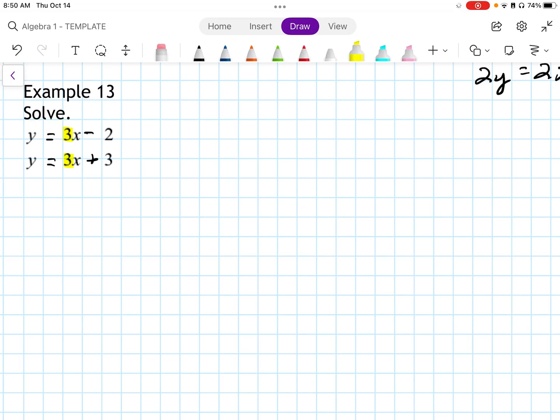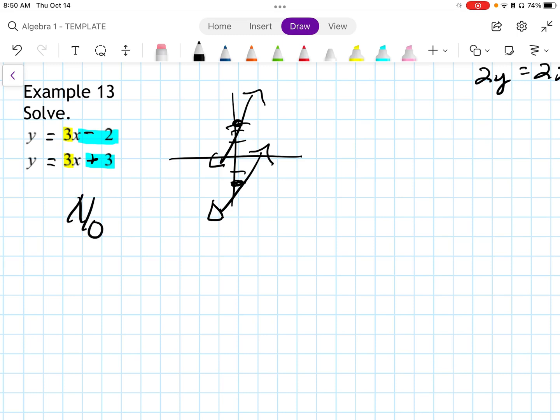So this should be no solution. Let's make sure that they're actually different lines. This has a negative 2 and a positive 3. So you don't have to sketch this, but what this would look like would be a line like that and a line something like that, where they would actually be parallel lines, and this one would have no solution.